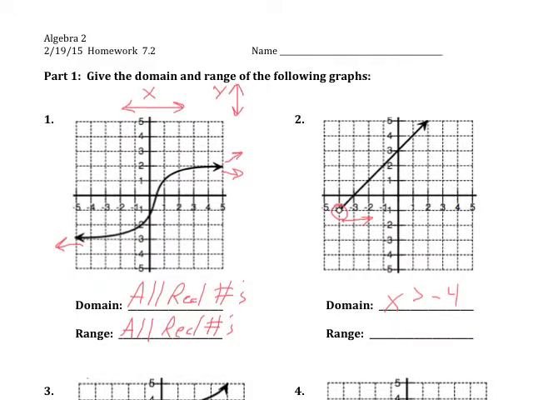Now notice that I did not put the or equal to there because of the open circle. Similarly for the range, it is all numbers greater than however low this little dot is. This point is down to -1, so that's going to be my range. That's it.